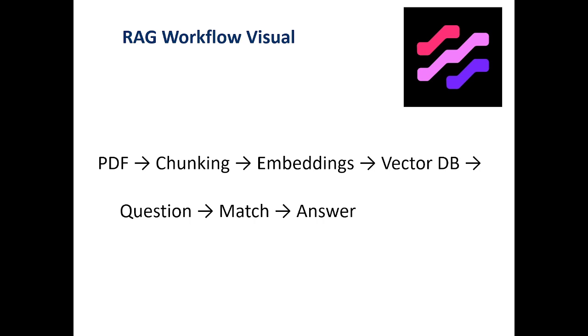So this is part 1. It's a kind of one-time activity. After that, any time the user asks a question, the LLM takes the question and matches it with the content of the vector database and gives the answer.